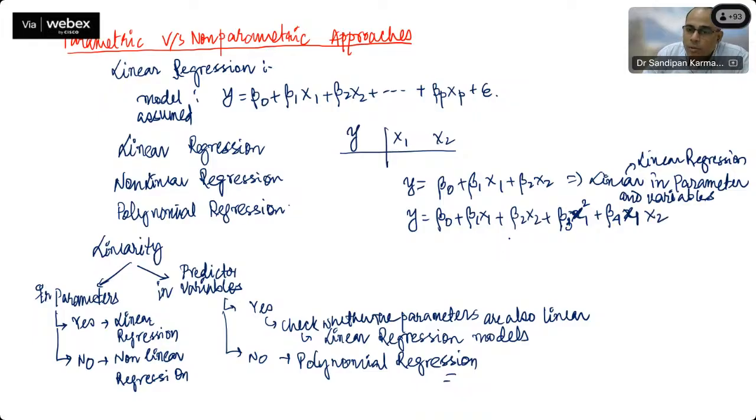Now we will say that this is having non-linearity in variables, but the parameters are linear. So whenever it is non-linear in variables, you can assume a new variable. Whenever it has higher order terms or interaction between two variables, we can call it polynomial regression. So this is a case of polynomial regression.